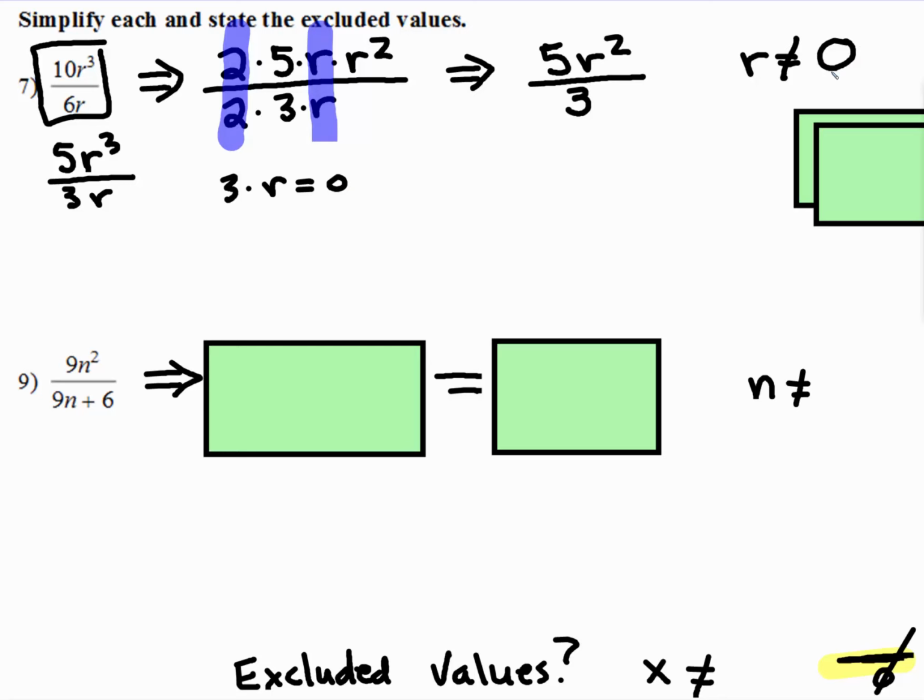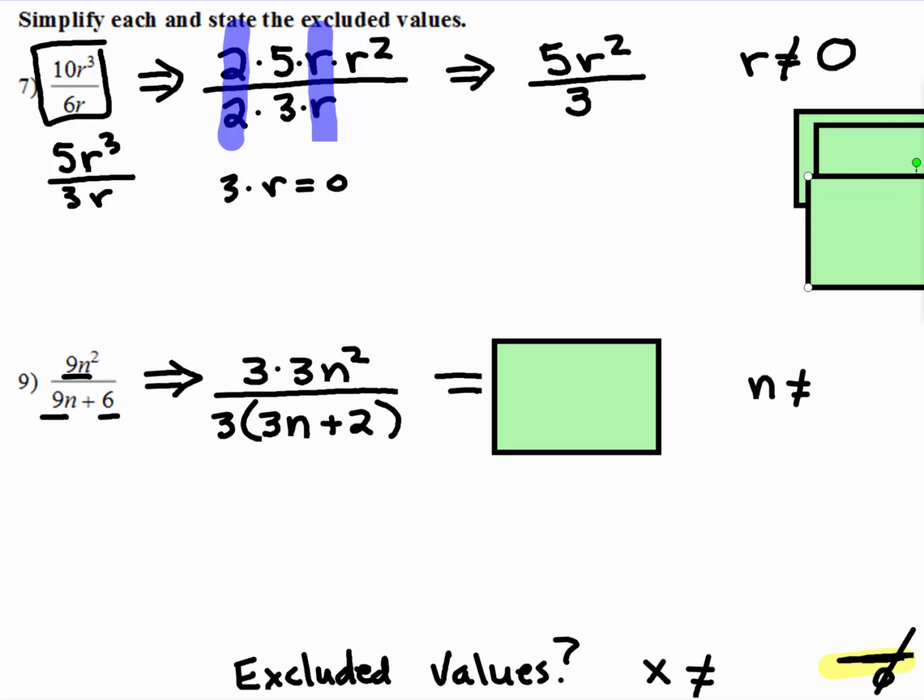So let's look at the next one. So now you have an expression in the denominator. Well, what do all three things, the expression and the numerator, have in common? You have to look at all three. Well, they all have a 3 in common. So we're going to break them down by factors.